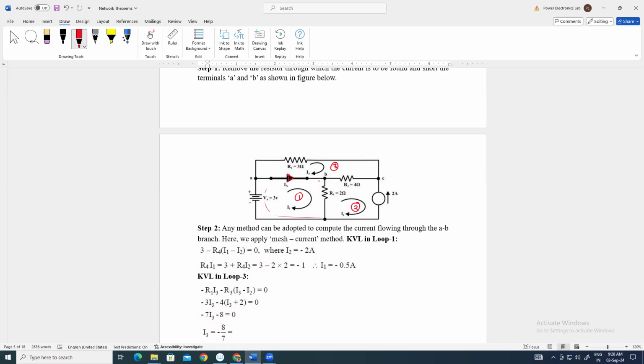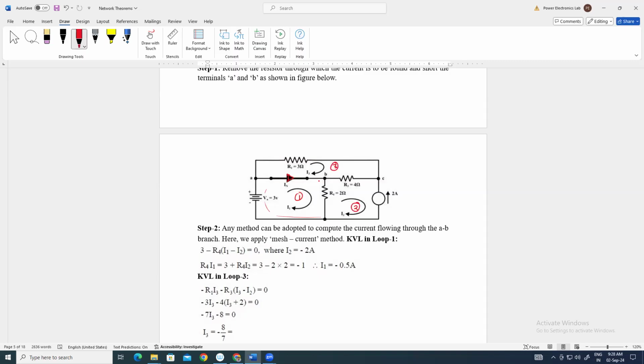So by applying KVL in loop 1, 3 minus R4 into (I1 minus I2) is equal to 0. How can you directly write this?